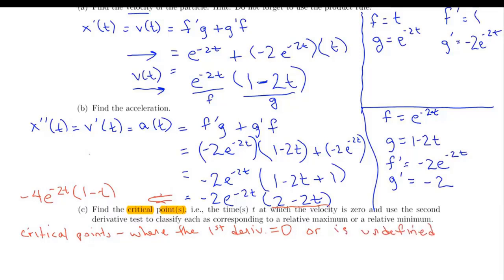Find the critical points, the times t at which the velocity is 0. I have an equation for the velocity. Velocity equals e to the minus 2t times 1 minus 2t from right here. And I want to know when that equals 0. There, I've just made my point, why I want to have things factored.